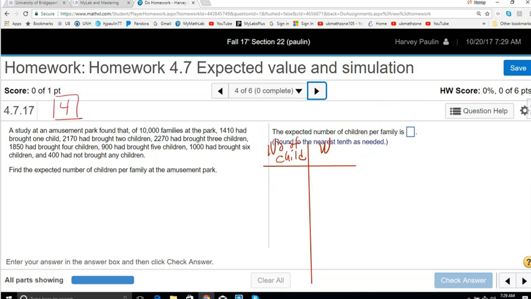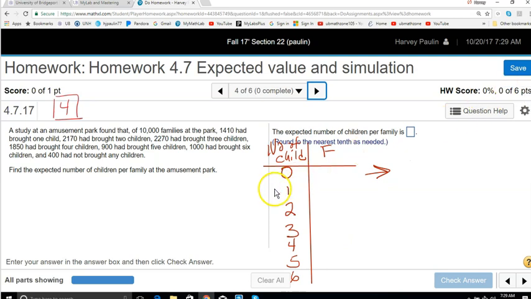So let's put here, instead of a W, let's put F for families. And then out here we'll have the value. So we have families with no children, families with one child, 2 children, 3 children, 4 children, 5 children, and 6 children.